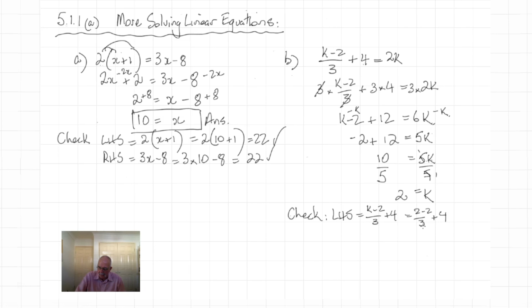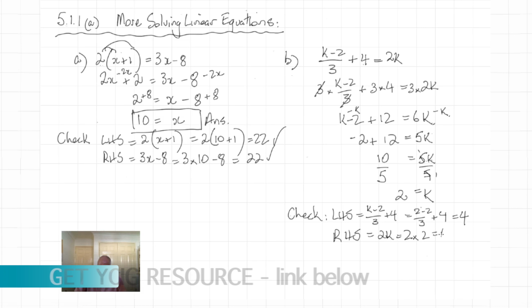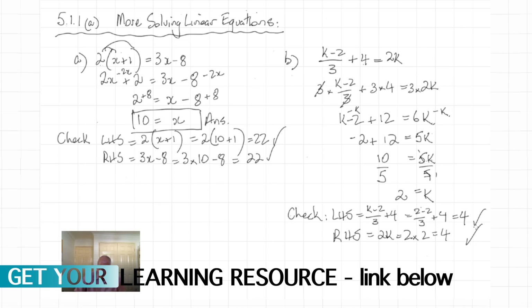So 0 over 3, 0 over anything is 0. So all that term is 0 plus 4, so that's equal to 4. Right hand side is equal to 2k, with k equals 2. Now there's a multiply between those two. 2 times 2 equals 4. Correct. So there is my answer.